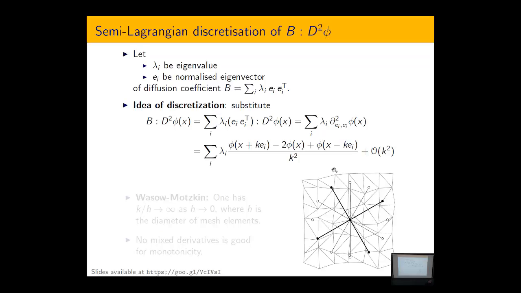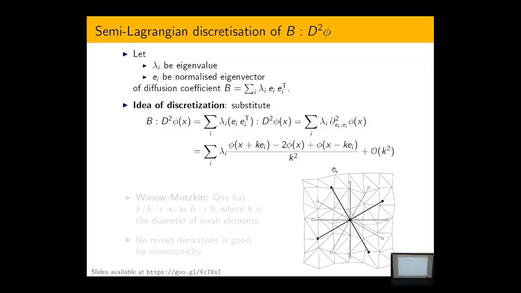So semi-Lagrangian is actually also similar to what we saw with Obermann's scheme. The idea is that the second-order central differences are very nice discretizations, and they are monotone. So focusing just on the linear term now, if you want to have central differences, we just do an eigenvalue decomposition of our coefficient here. The lambdas are my eigenvalues, the e's are the eigenvectors.